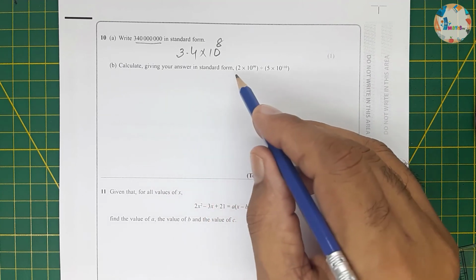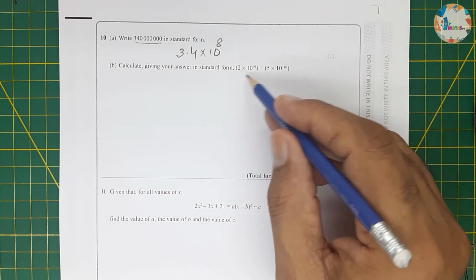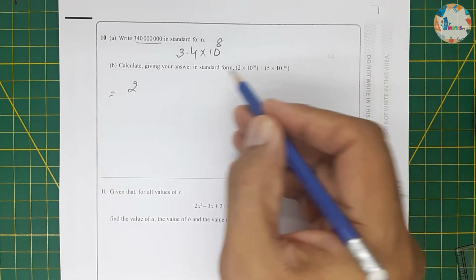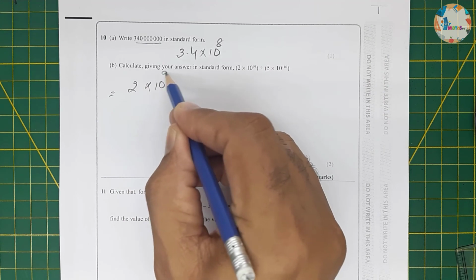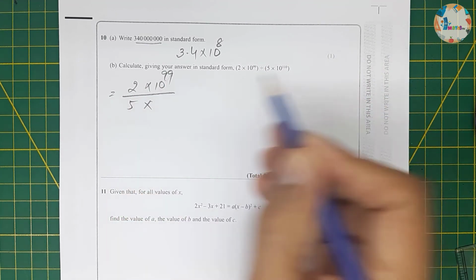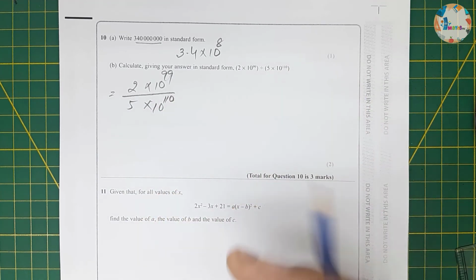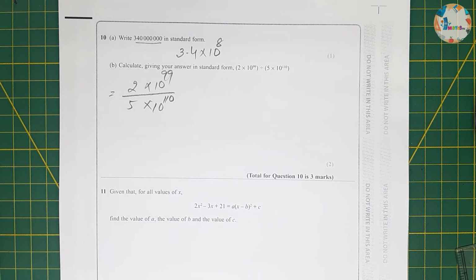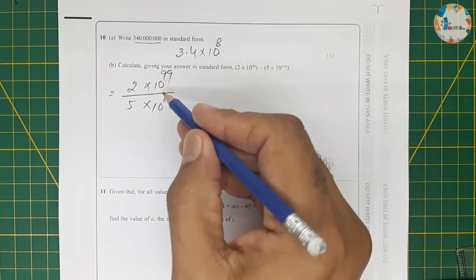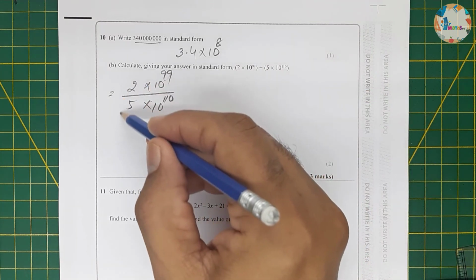And calculate, giving your answer in standard form. So we have to calculate this. What we can do is write the first step as 2 times 10 raised to the power 99 divided by 5 times 10 raised to the power 110. The easiest way to solve this type of question with powers is to separate these two.